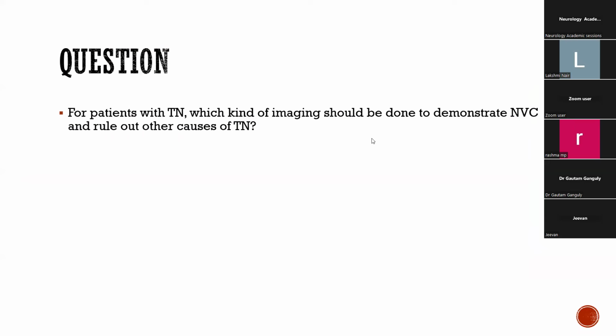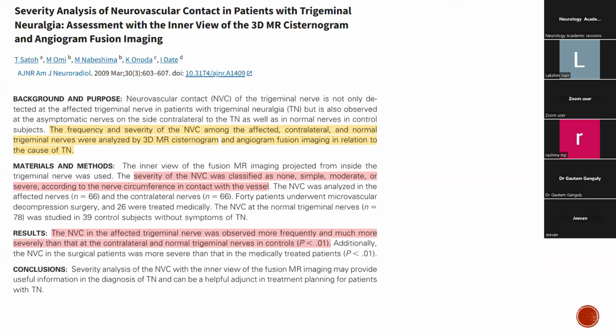So our question will be, for patients with trigeminal neuralgia, which kind of imaging should be done to demonstrate the neurovascular compression and rule out other causes of trigeminal neuralgia? So this is a study that analyzed the severity of the neurovascular contact in patients with trigeminal neuralgia with 3D MR cisternogram as well as angiogram fusion imaging.